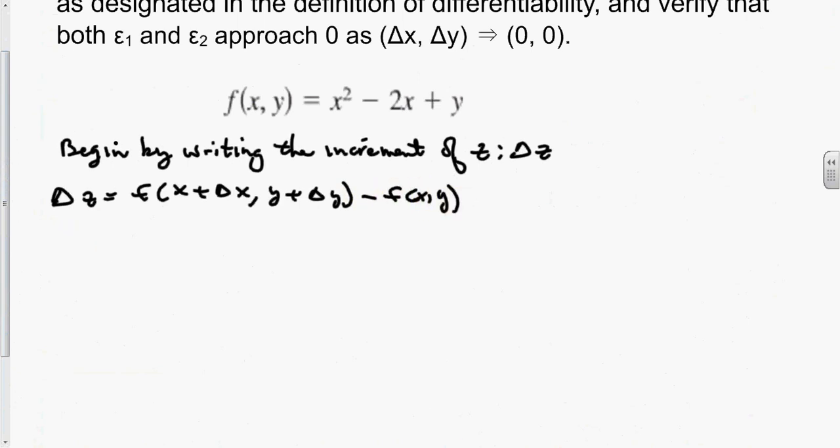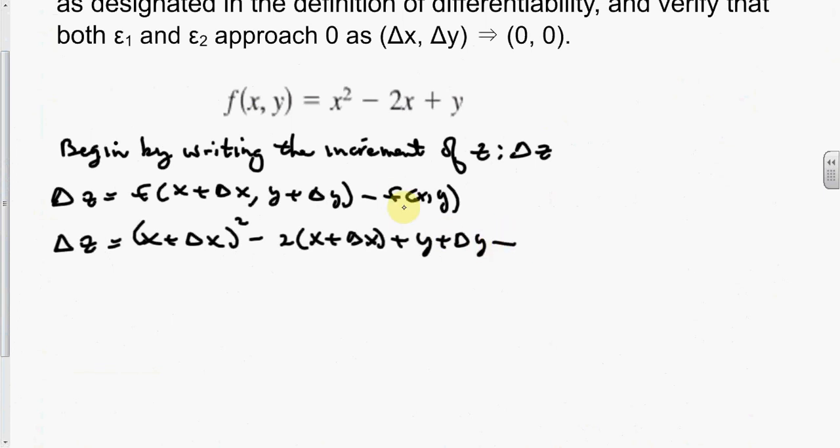I do that on this function. So this is delta z is equal to x plus delta x squared minus 2 times parentheses x plus delta x plus y plus delta y, now minus the function f of xy. So minus brackets x squared minus 2x plus y.